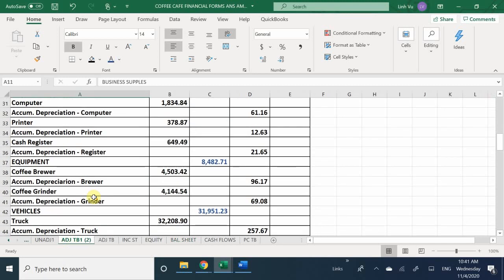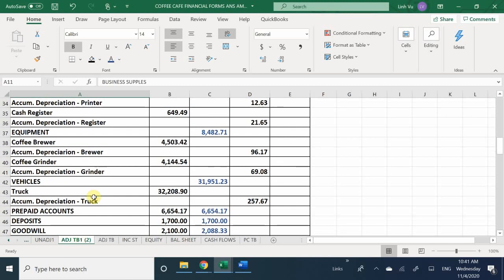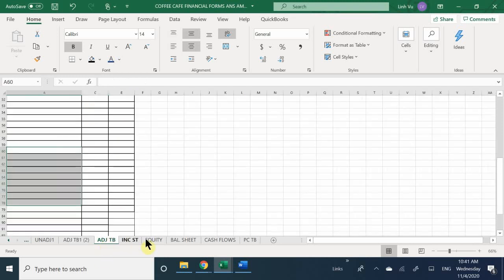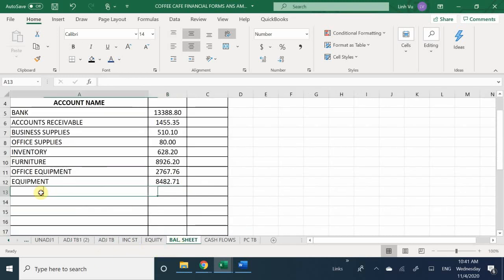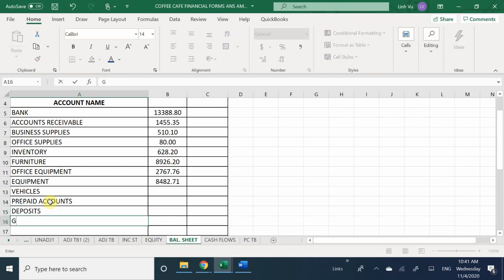So vehicles, I should have vehicles. Then prepaid accounts, deposits, and goodwill. Okay, so I have vehicles. All right.